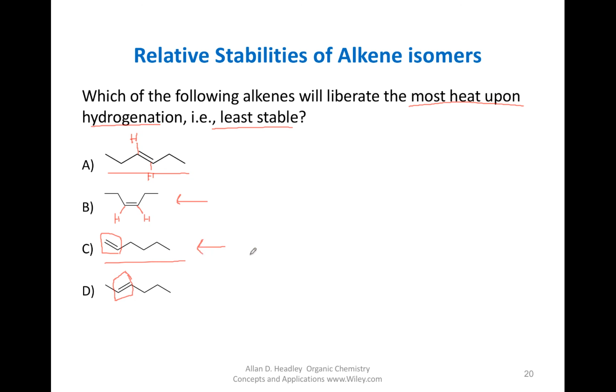Let's see. And yes, it is. So this is a terminal double bond, less stable. It will generate the most heat upon hydrogenation. Notice hydrogenation of all of these molecules here, they give the same product.